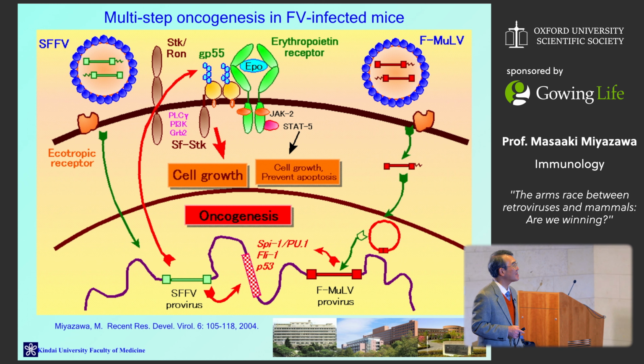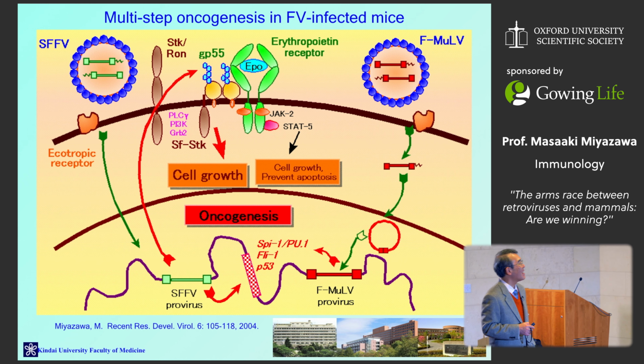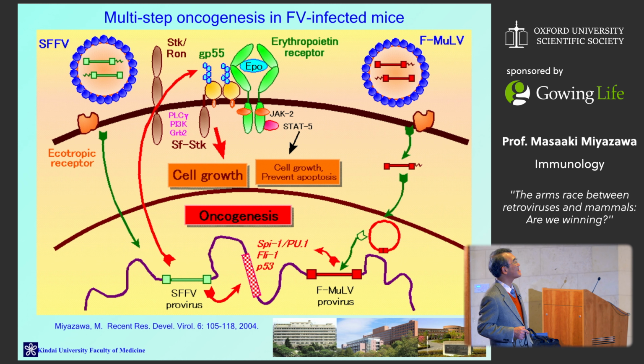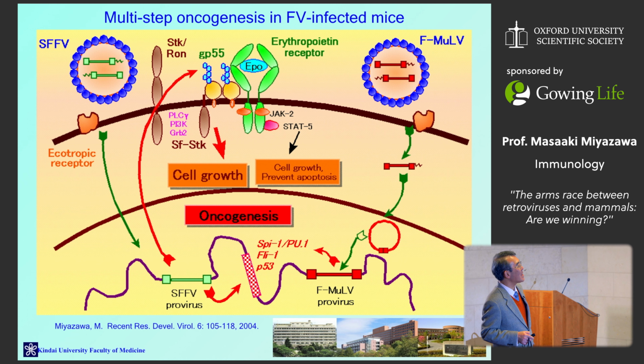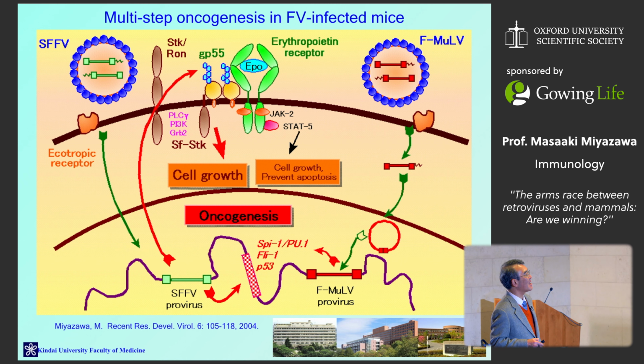So how does this virus cause the disease? Of course, Friend virus is a retrovirus, but Friend virus is a complex of two different viruses. One is the usual retrovirus that contains the RNA genome and all the structural proteins, as I told you: the core-producing gag, the reverse transcriptase-encoding pol, and the envelope gene.